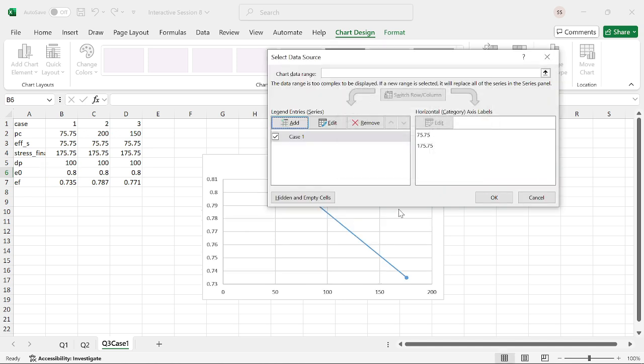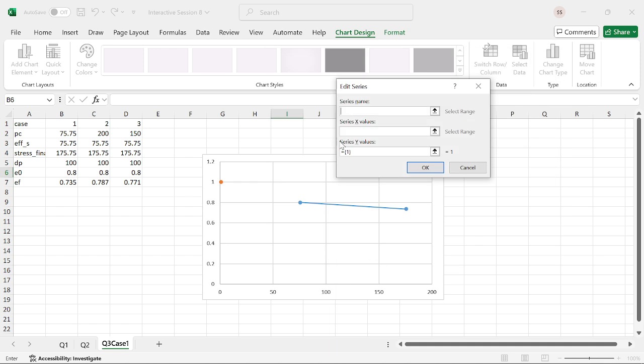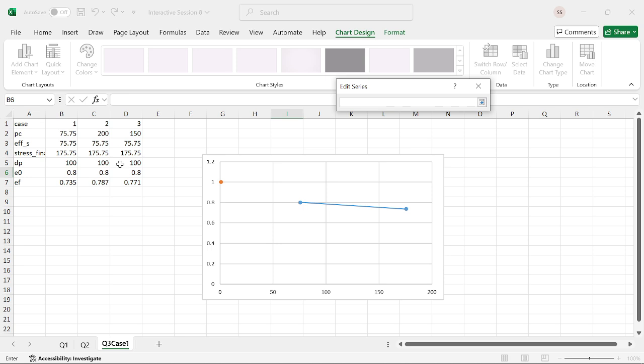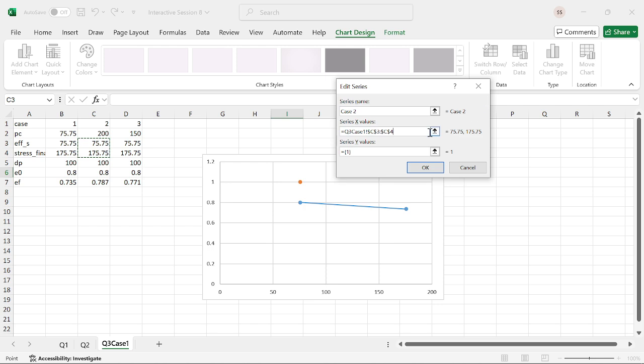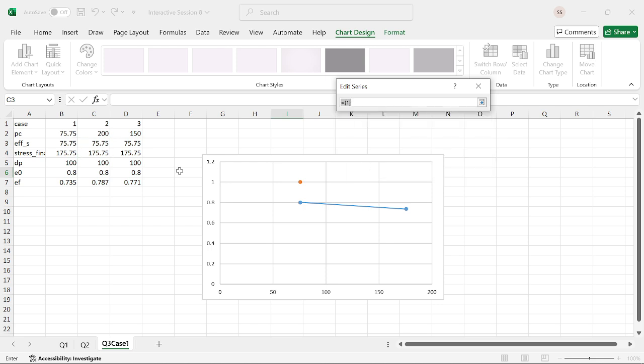Okay, and we will have case 2, in which the X again will be same, but Y will be this.